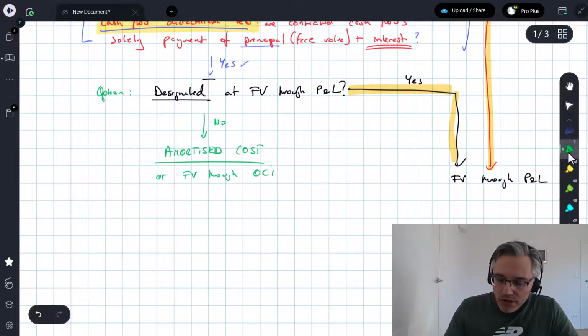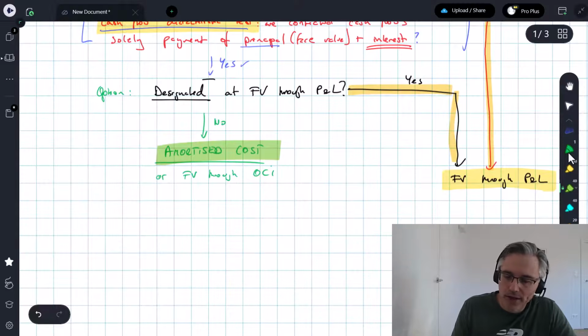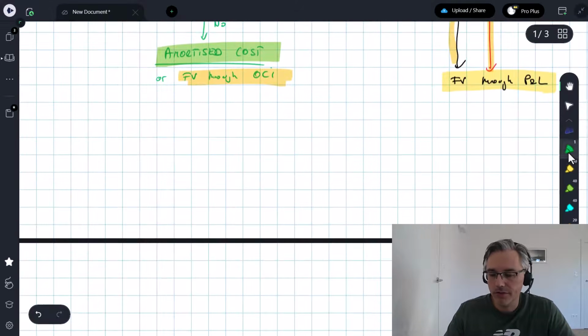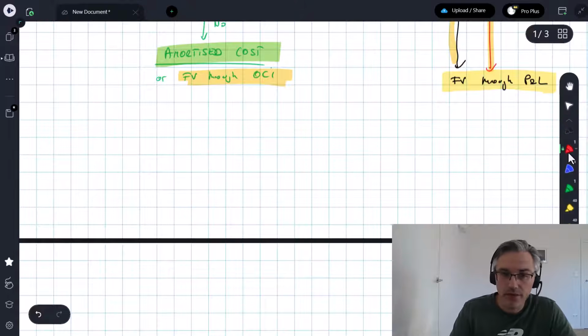So you need to know these elements of this decision tree: when you account for an instrument at fair value through profit and loss, when amortized cost is the right approach, and also when it's possible to do so at fair value through other comprehensive income.